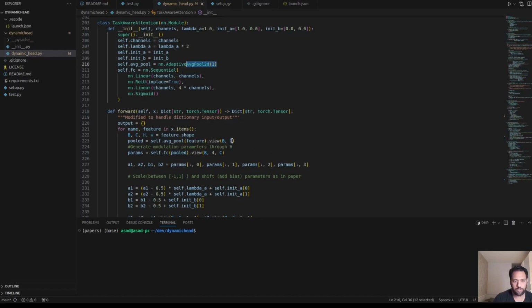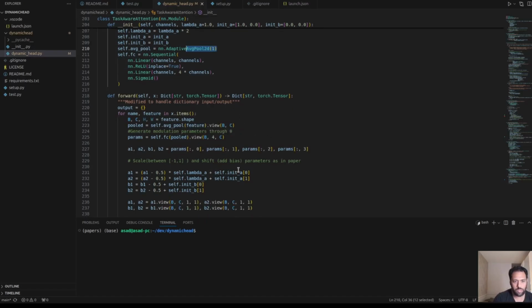And then we reshape into B and C. Then we pass it through this fully connected or linear layer, which is just linear, ReLU, linear, sigmoid, and the output number of channels of this is 4 multiplied by the output number of channels. So we have 4 parameters, and the dimension of each is B cross C.